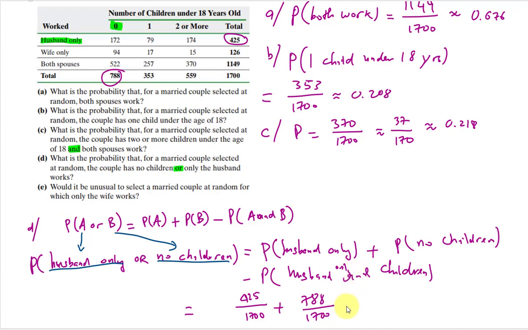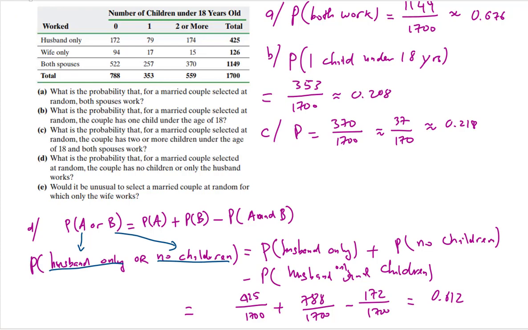And then make sure you subtract the one in common, husband and no children, which is this one, 172 out of 1700. So make sure you follow the OR rule in this case and get the final answer of 0.6112 or 61.2%. So this case is different from the last one between the OR and the AND case.